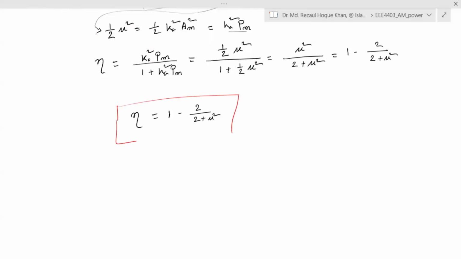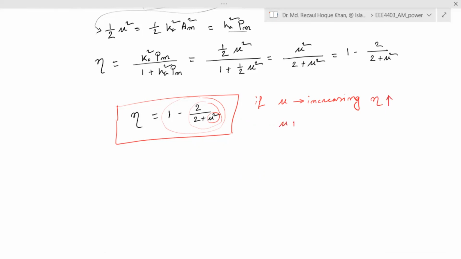Here we can clearly note that if mu is increasing, then the efficiency is also increasing.